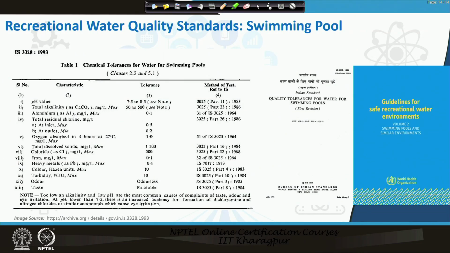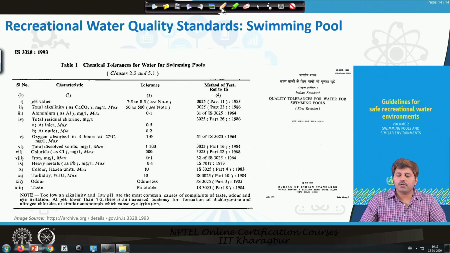So, this is an example of drinking water quality criteria. Similarly, we can have designated criteria for other uses. For example, BIS has a criteria for swimming pool waters, which was given as far back as 1993.